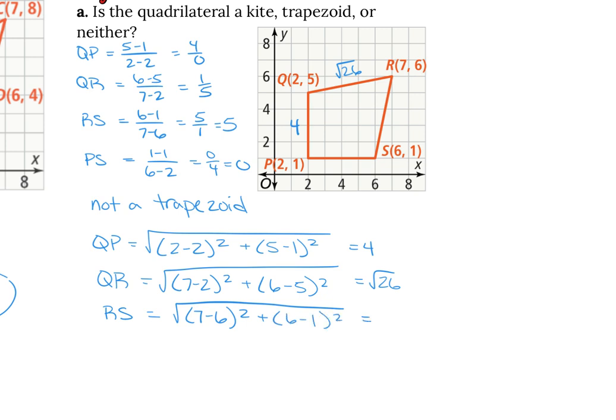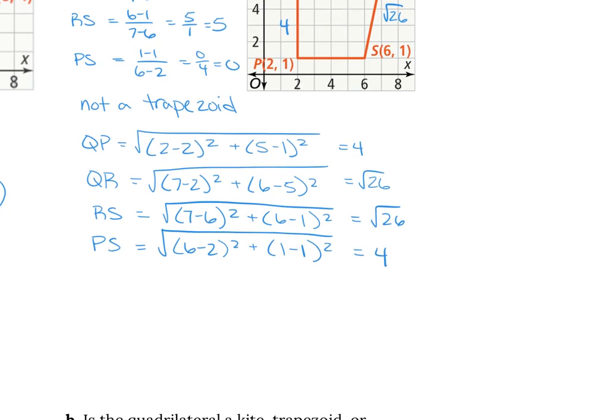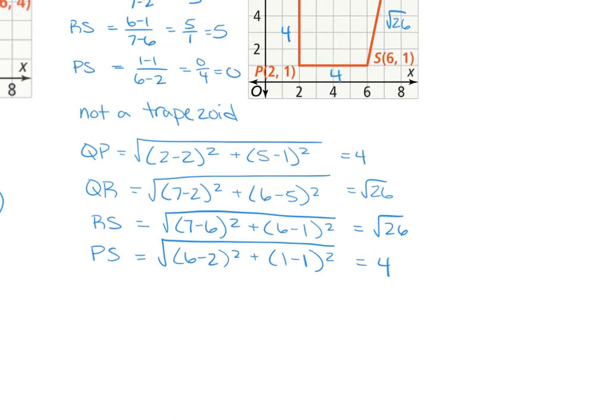All right, once I simplify, I will find that it gives me the square root of 26. Last, we're going to check PS. For PS, we want that to have the measure of 4 to match our QP. So let's check to see if this gives us 4. And it will give us 4. So we have 2 sets of congruent sides. So this is a kite.